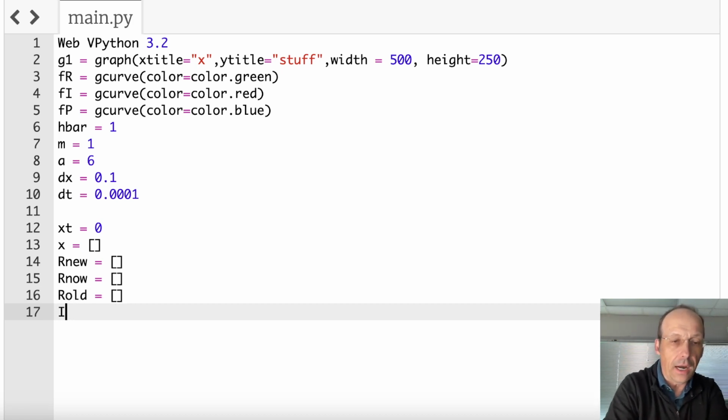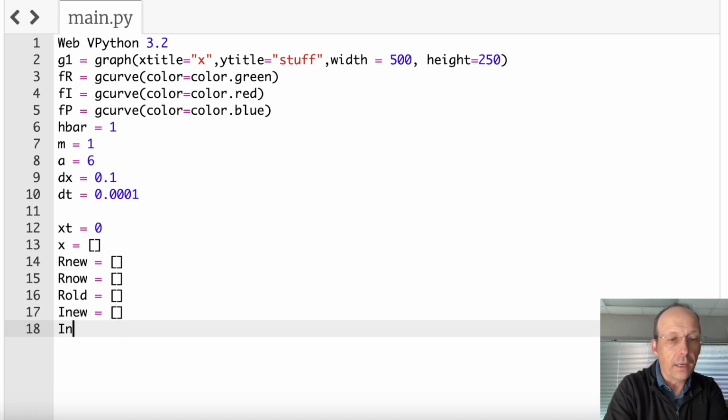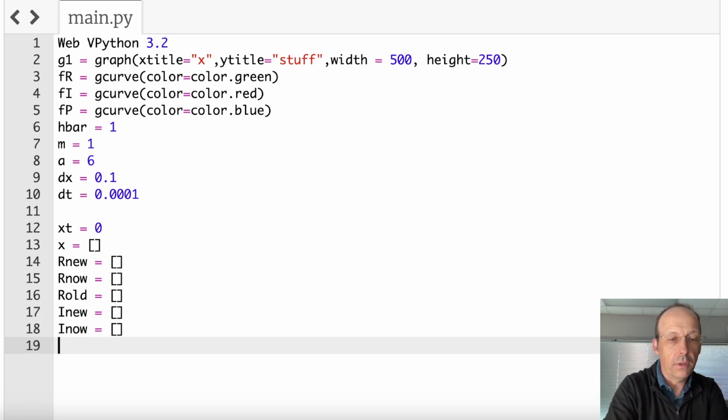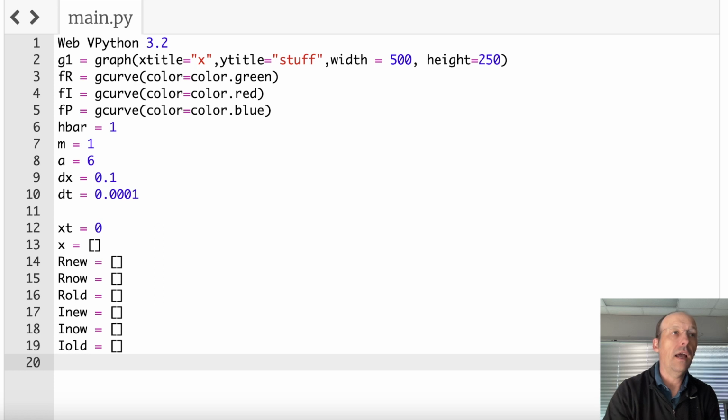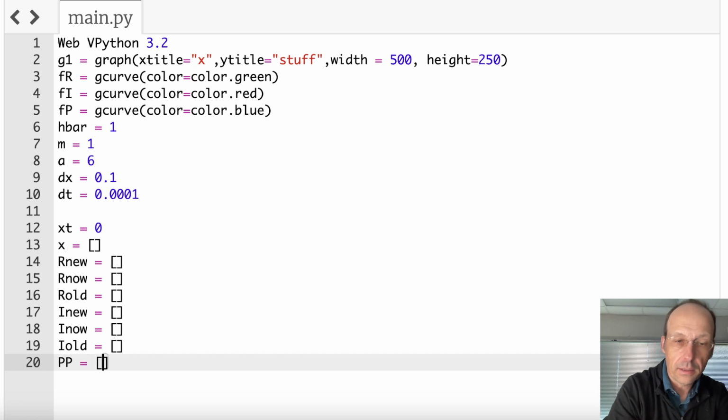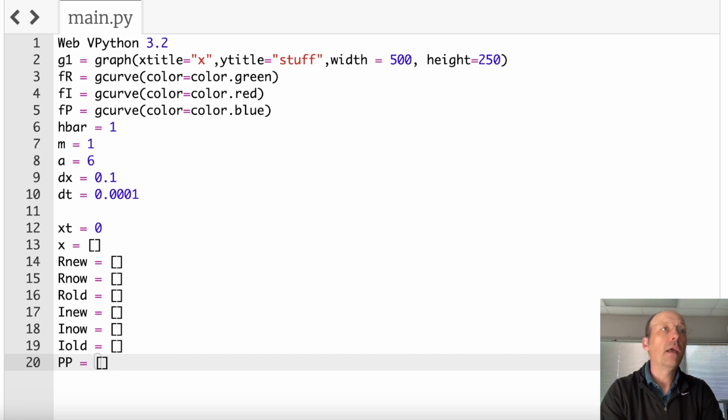And then for the I new, I now, I old. So it's got those three. And then I want one for the probability density. I'm going to call that PP. That's it. Okay.